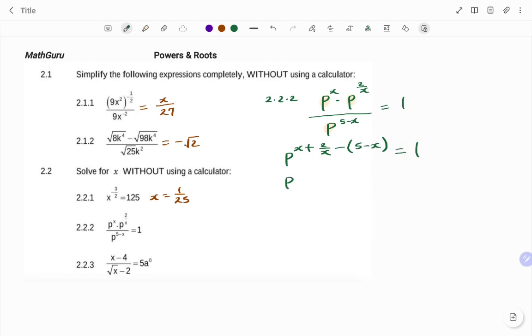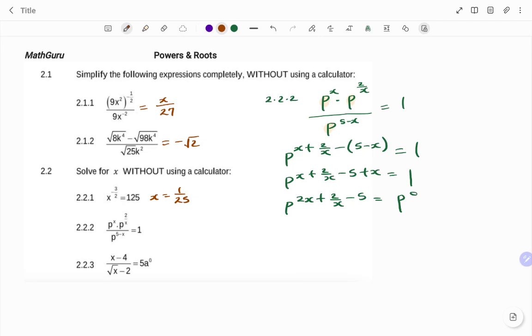Then I have p to the power of x plus 2 over x minus 5 plus x equals to 1. On my right hand side, any number or variable raised to the power of 0 is 1. So I'm going to do the same here. I have p to the power of x plus x, 2x plus 2 over x minus 5 equals p to the power of 0.